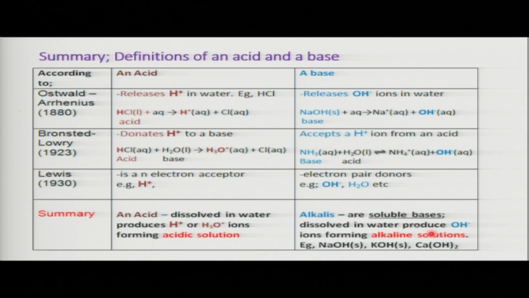So what is the overall summary? The summary is an acid is an acid provided it has hydrogen ions. I think that is very clear. You see what is very, very common in here? Hydrogen ion, hydrogen ion, hydrogen ion. Alkalis, they should have OH. You see what is common here? OH, OH here, and OH here.